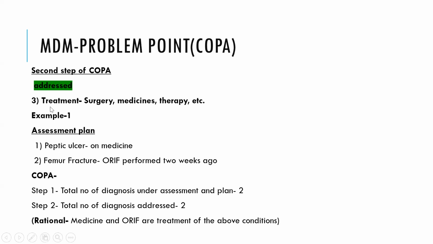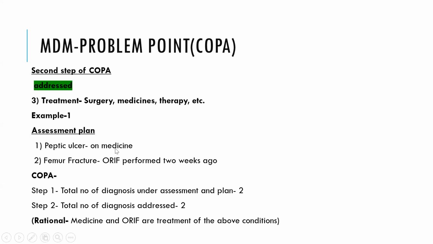For example, I've given a few examples for treatment. If you see here, surgery, medicines, therapy, etc. A few examples for your understanding. So if you see here, Tanya, how many conditions here? Two conditions. So we have two conditions here. In front of peptic ulcer, the doctor has suggested medicine, right?